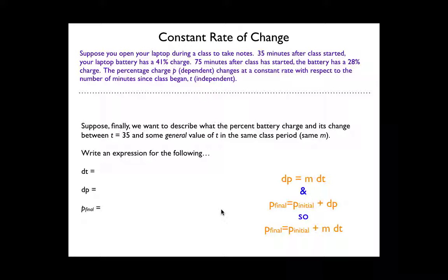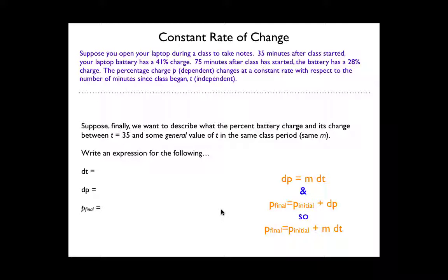Now, if I want to find a change in p, the variation in the percentage charge during this general interval, do I have a final and initial already? I have an initial, but I don't know what the final is. That's kind of the problem.